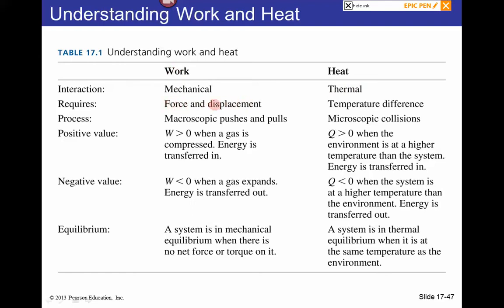You have to push, you have to pull, and something has to move. Heat requires just a temperature difference. The process that produces work is basically forces, pushes and pulls. The process that produces heat transfer is basically microscopic collisions of the atoms.